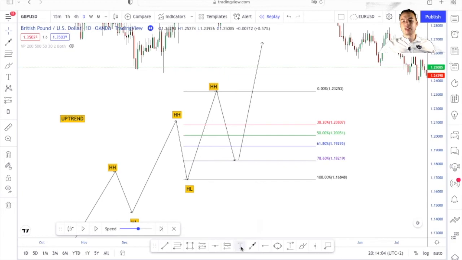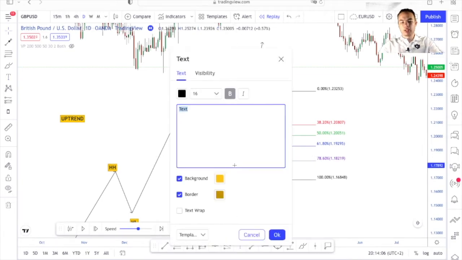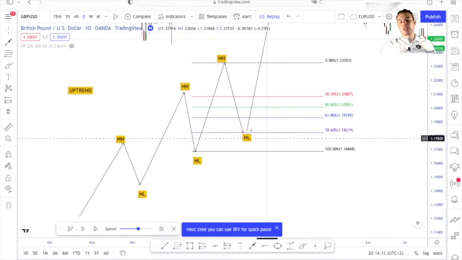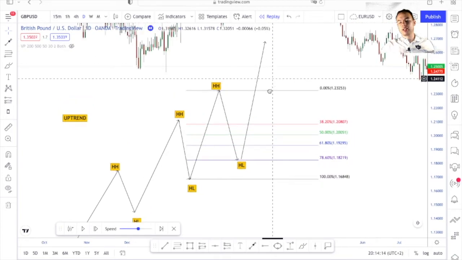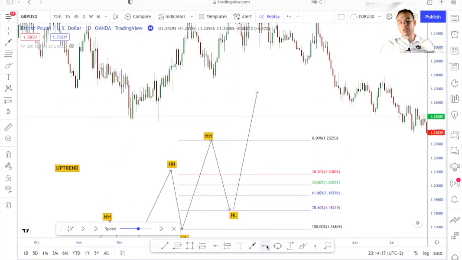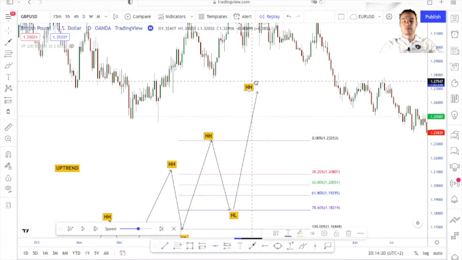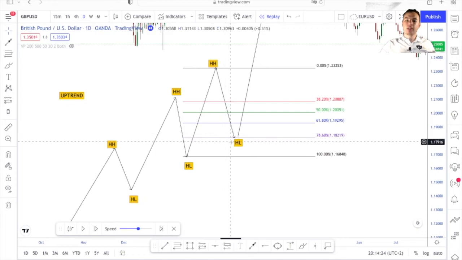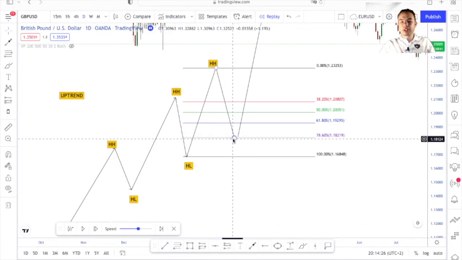Can you see that it's either one makes a higher low? Okay, so then that's where you'd like to buy, and then if it goes up to form the higher high, then you've profited.